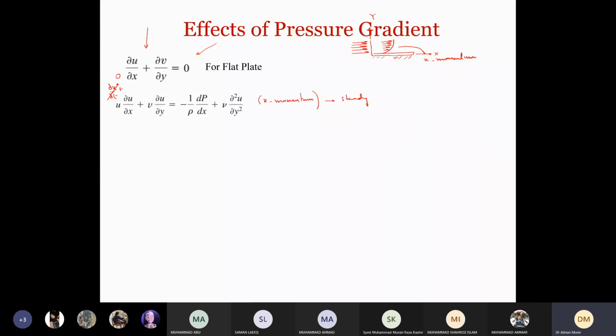In addition to this, when we discussed the boundary condition for a flat plate, we made another assumption. We said that the pressure is constant throughout. When the pressure is constant, this term, the derivative of pressure with respect to the x direction, will also be 0.